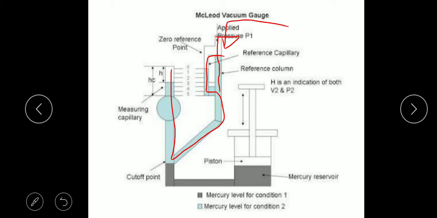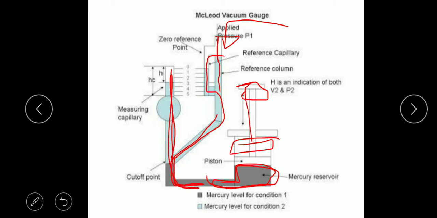At the initial stage I will consider the piston to be at the topmost position, and because of that the mercury will be present in this area, and the unknown pressure will be covering this area.